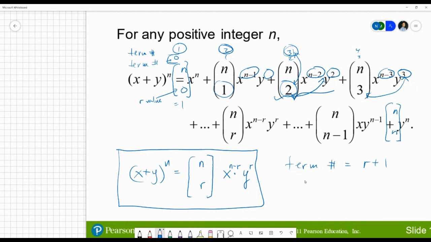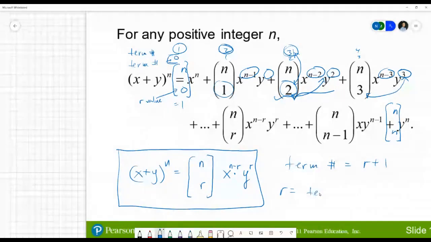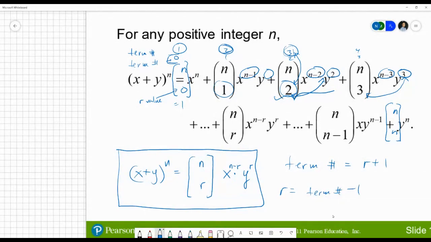So if I want term number 10, I would use r equals 9. So r would be term number minus 1, right? Just the same relationship. All right, so you're going to see how we use this later on, but do make sure to write this down. This is important for you to determine the relationship between the r value and the term number.